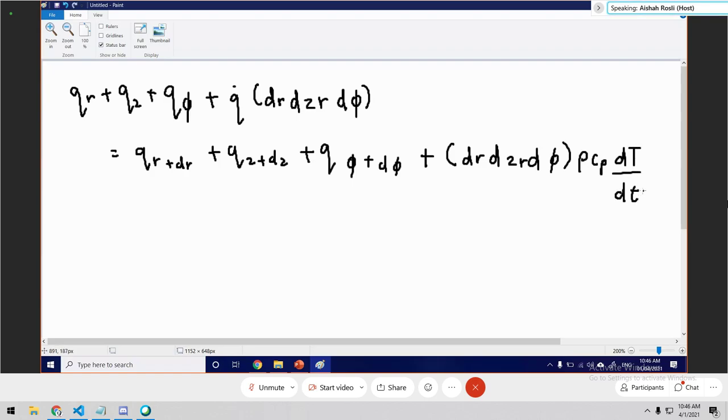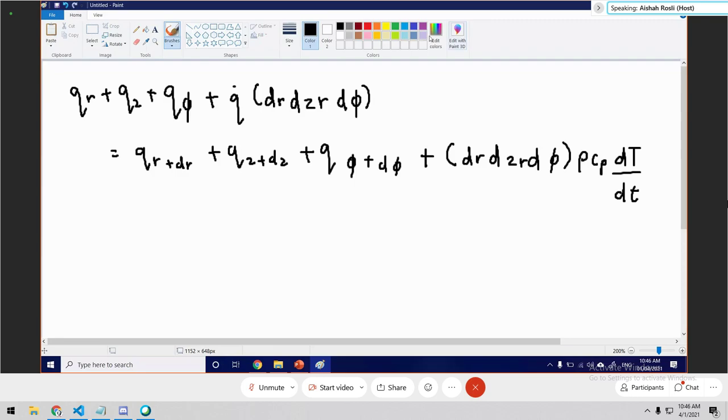If you remember the expansion that we did just now for Qr plus dr, Qz plus dz, Q phi plus d phi, we can substitute this into the equation.